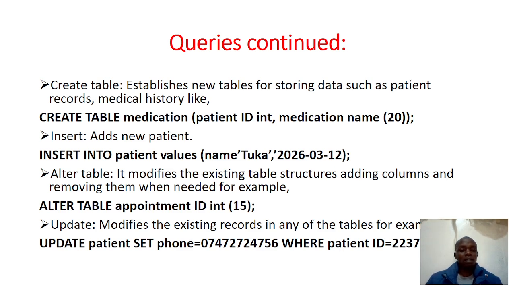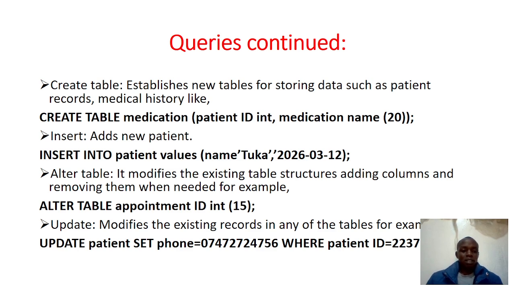This means the table of appointments will be changed, and the statements made will be about the data type we had used. If initially I had used, for example, varchar for appointment ID, and I say alter table appointment ID int, it means now it is going to use integers.